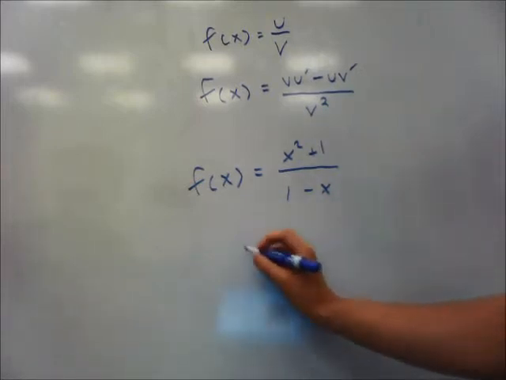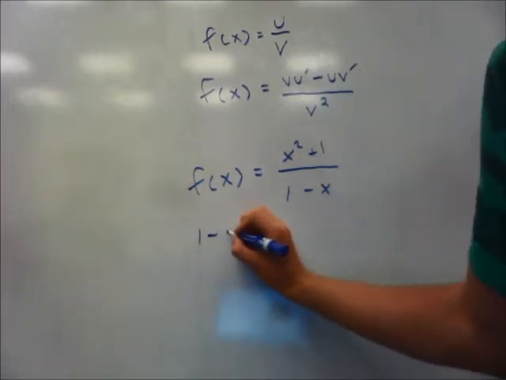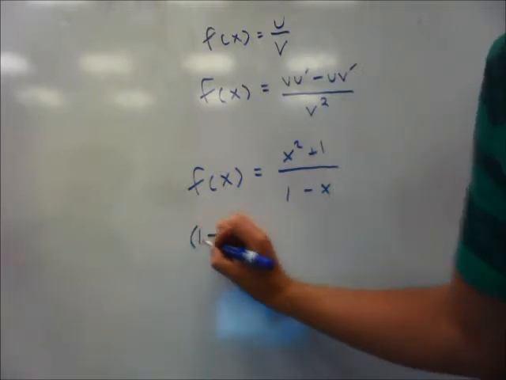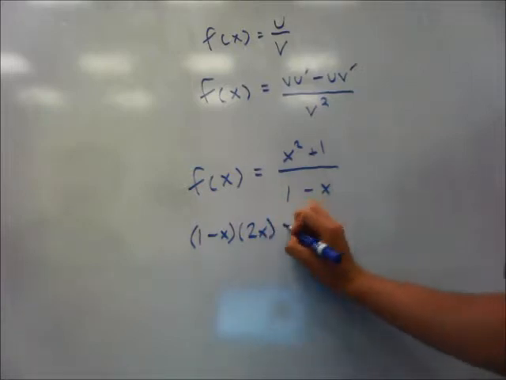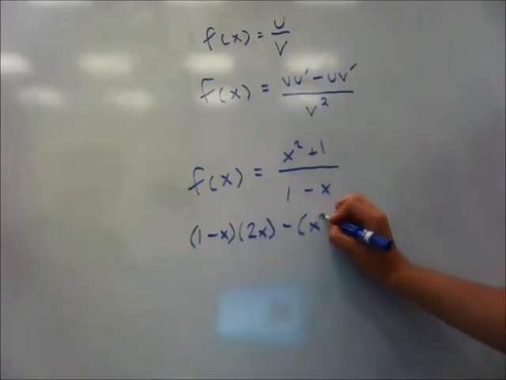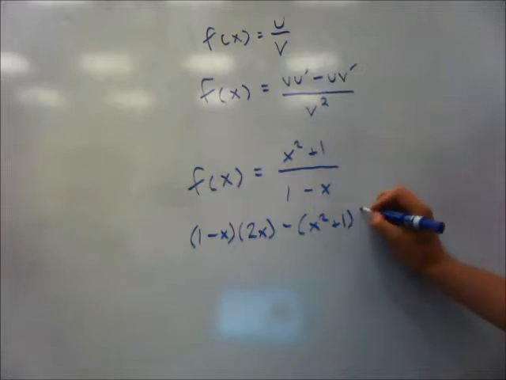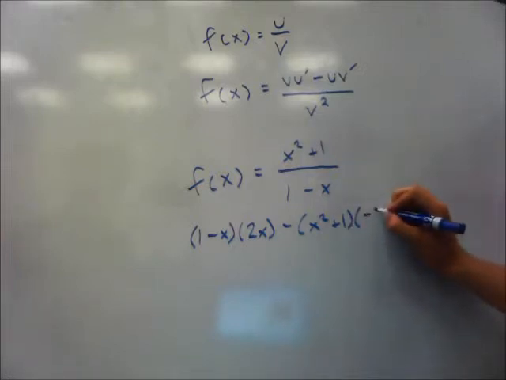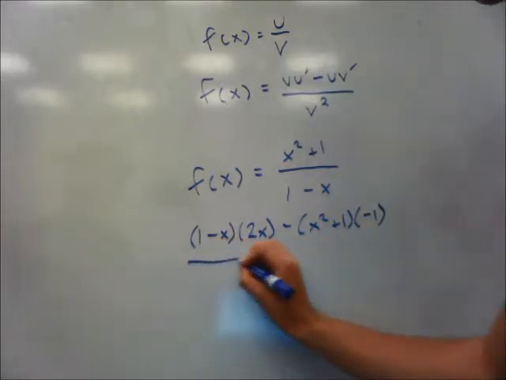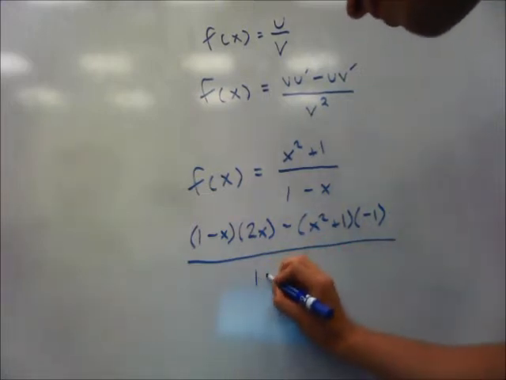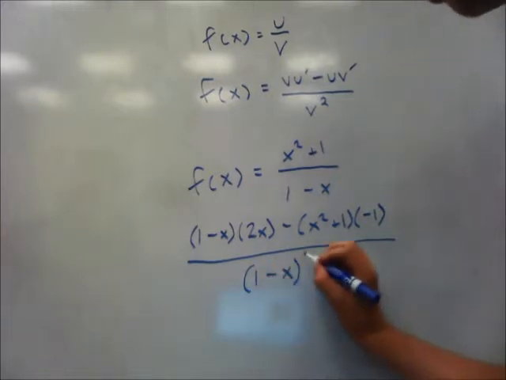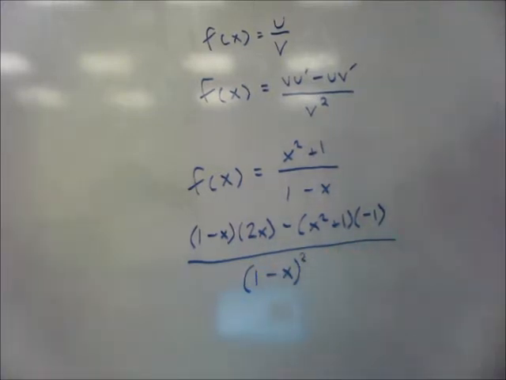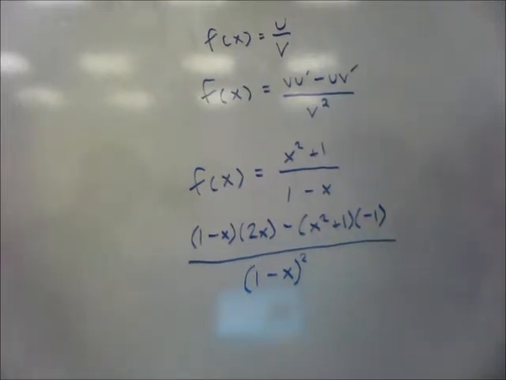So we've got low, derivative of the high, minus high, derivative of the low, so that over low squared. Rather than doing all the algebra for you, we're just going to leave it like this, because you know how to do that. But that's the basic setup, and that's how you would set up a problem. That's the quotient rule.